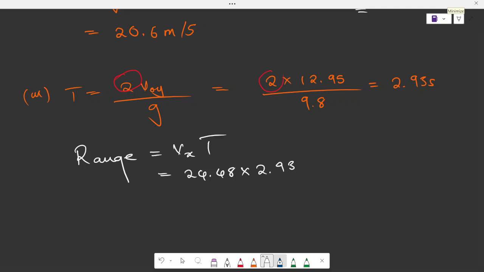And let me just remove the seconds. And we have found this to be 59.9 meters.